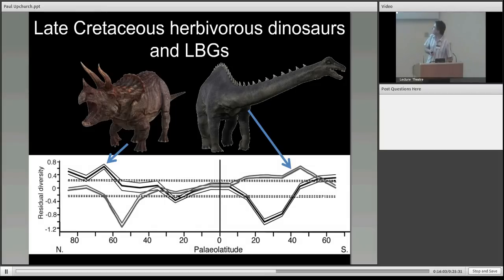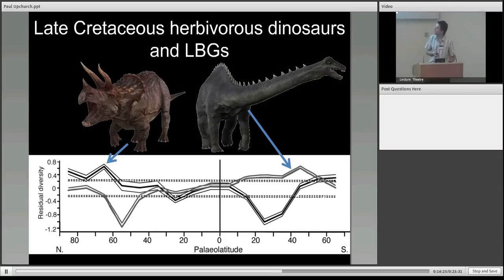But what we've done here is basically reconstruct their latitudinal distributions for these two different herbivorous groups of dinosaur for the late Cretaceous. And what we found was some interesting separation, sort of ecological, geographic, latitudinal separation between these two herbivorous groups.